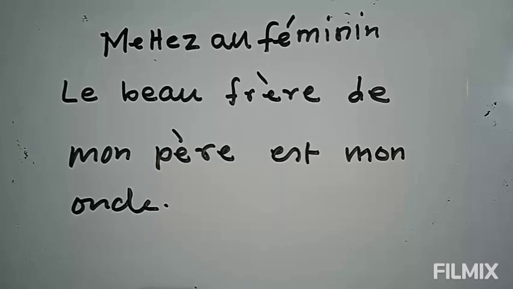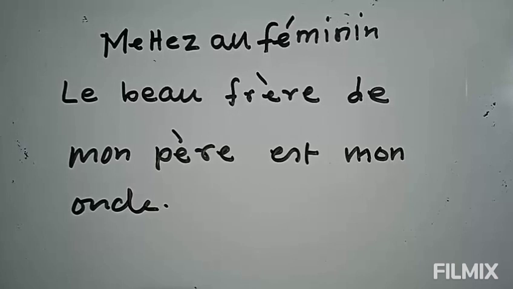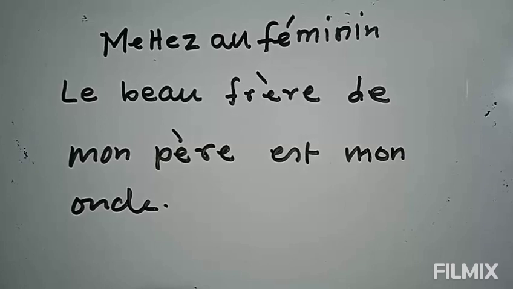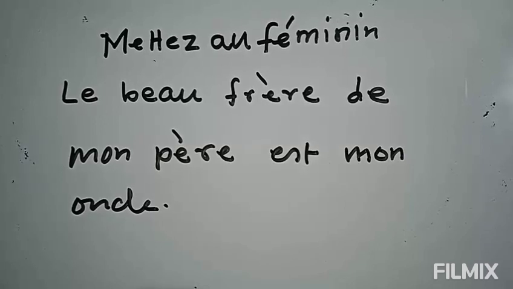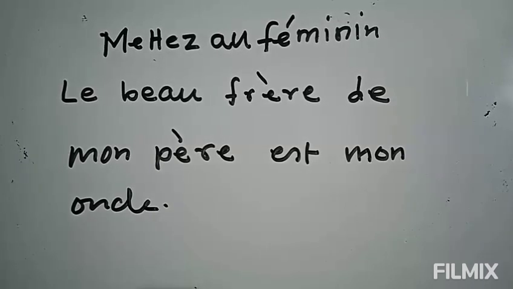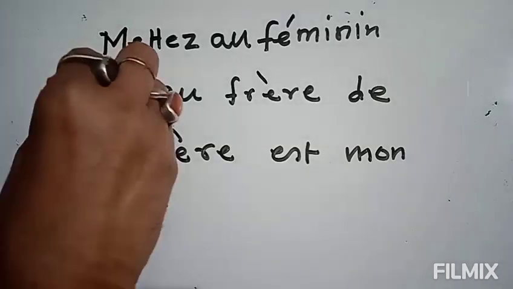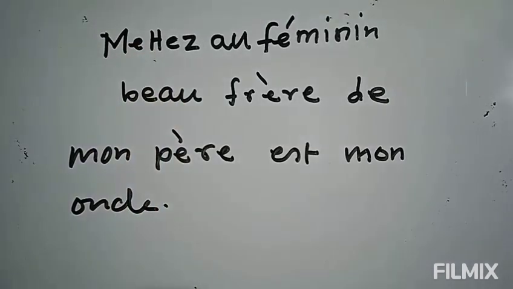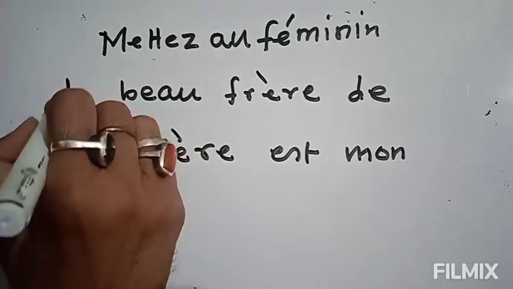Le beau-frère de mon père est mon oncle. The beautiful brother of my father is my uncle. In this type of question you have to observe the sentence from top to bottom. The first article, le, the masculine article, will be changed to la.